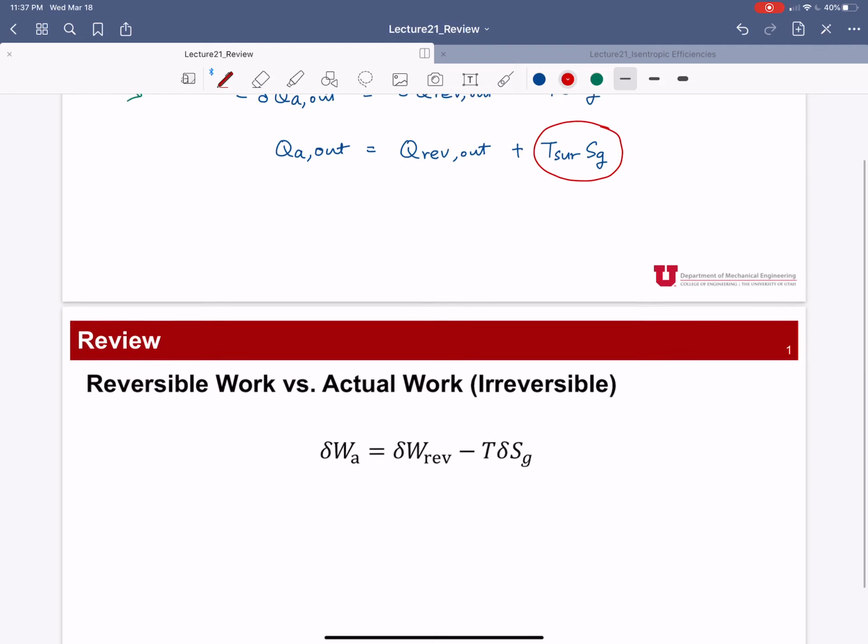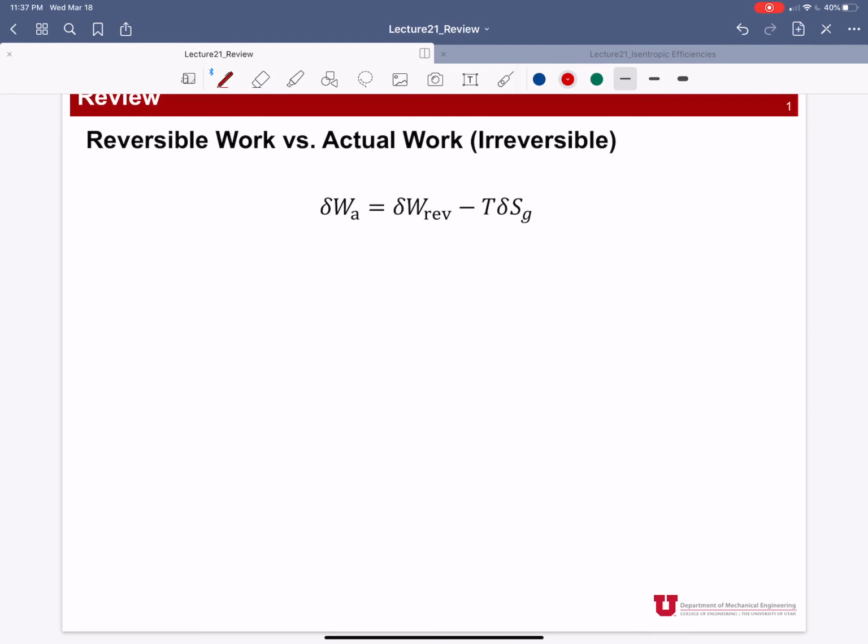So let's think about the reversible work and actual work. Now we have this equation that compares the actual work and reversible work. The actual work equals the reversible work minus T delta Sg. But you have to remember again that the default positive sign of work is work out, or work production.